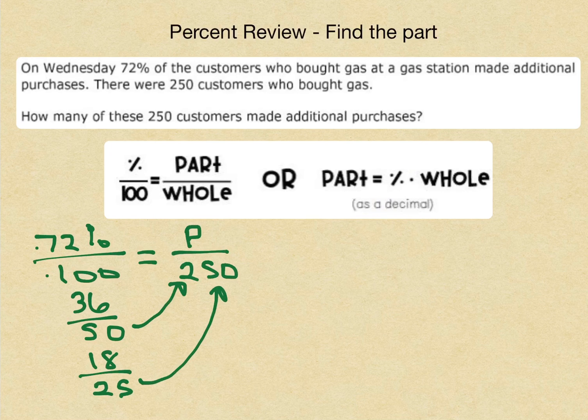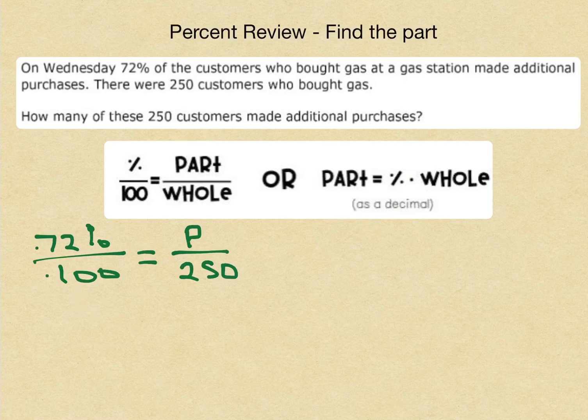And then you could also find the relationship here between 25 and 250, and you can multiply your numerators and your denominators. So those are all options. You can also, if simplifying is not your strong suit, remember that you can also cross multiply. And I'm going to come back to that in a moment.